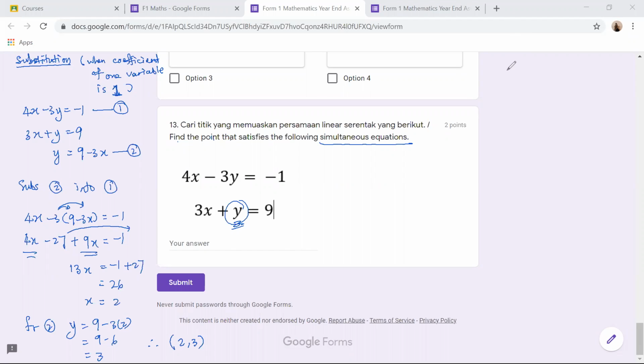Now let's try the elimination method. For elimination, I feel that I wrote something wrongly.